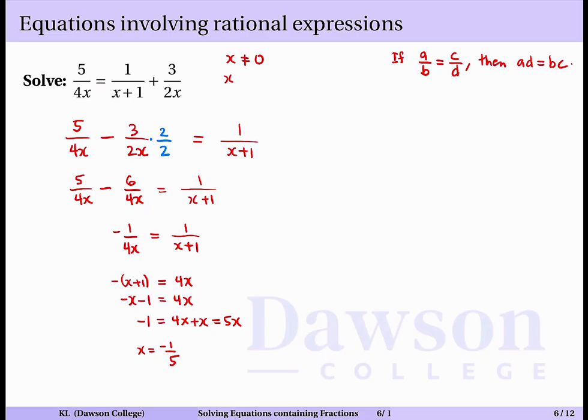We also don't want x plus 1 to be 0, which means we don't want x to be negative 1. And the value of x that we have obtained is x equals negative 1/5, which means this will be the solution for this equation. Okay?